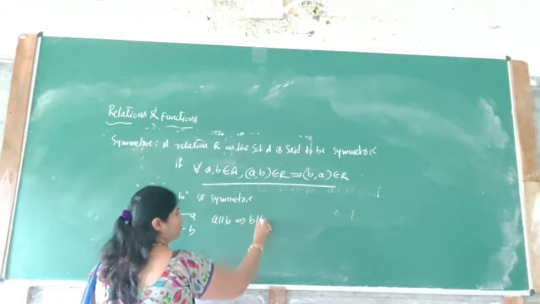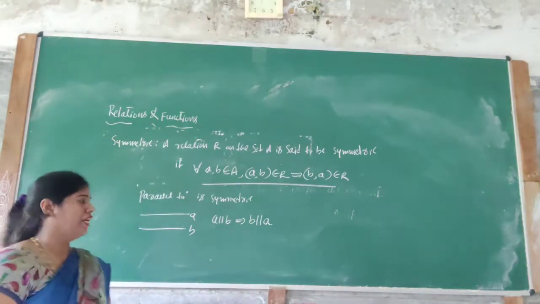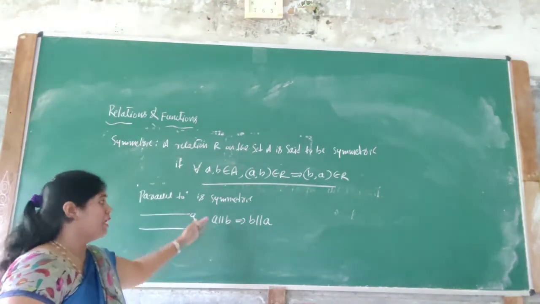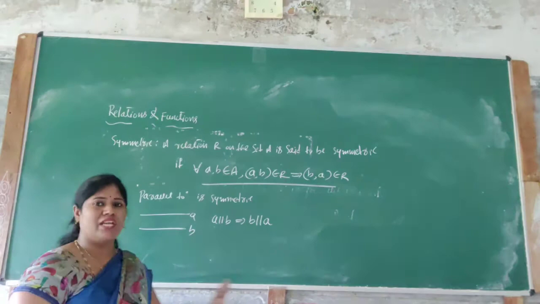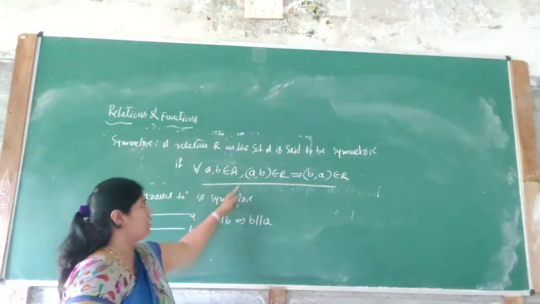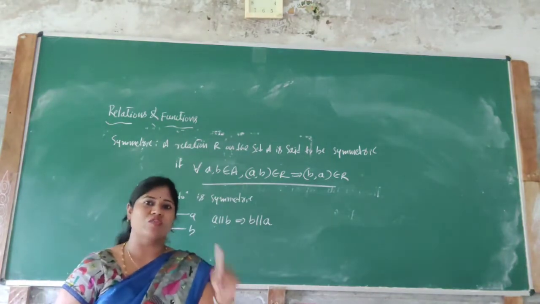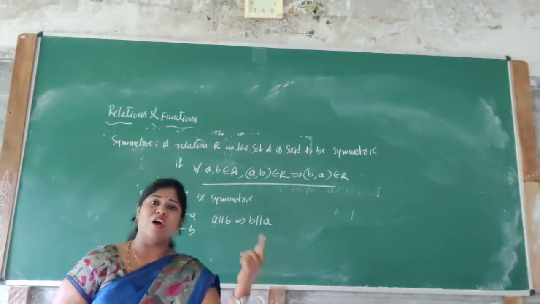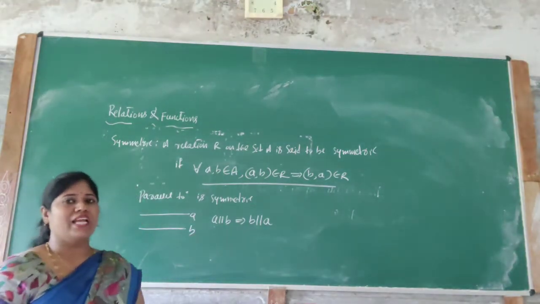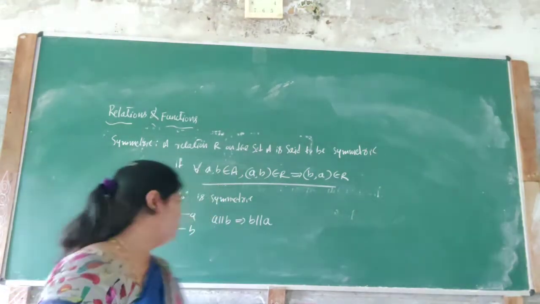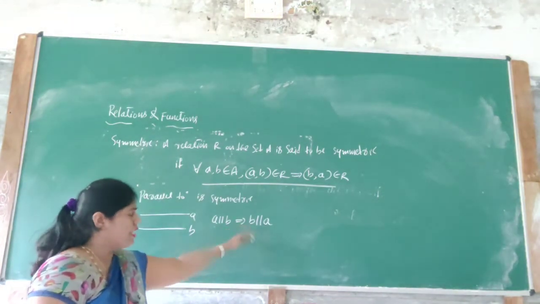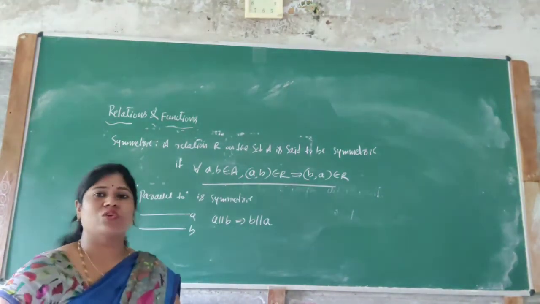This implies B is also parallel to A. If A is parallel to B, it implies B is parallel to A. Then only the symmetric relation is satisfied. According to this, (a, b) should belong to R, then (b, a) also should belong to R. Then only it is called a symmetric relation. So A is parallel to B implies B is also parallel to A.